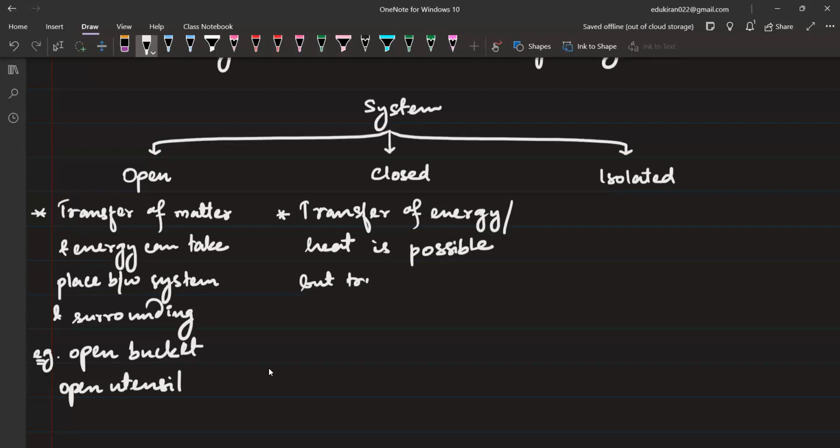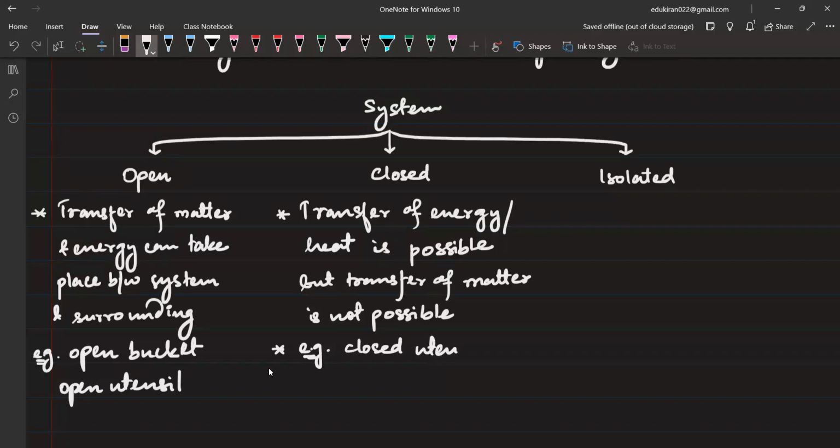But transfer of matter is not possible. ठीक है. अब ऐसे case का example है, for example if you have a closed utensil, ढक्कन अगर लगा हुआ है, then obviously heat का exchange हो सकता है, but matter का exchange यहाँ पे नहीं हो सकता है. Now the boundary that we use here is known as diathermic boundary, या इसको wall भी बोला जाता है. ठीक है. Diathermic wall और boundary.